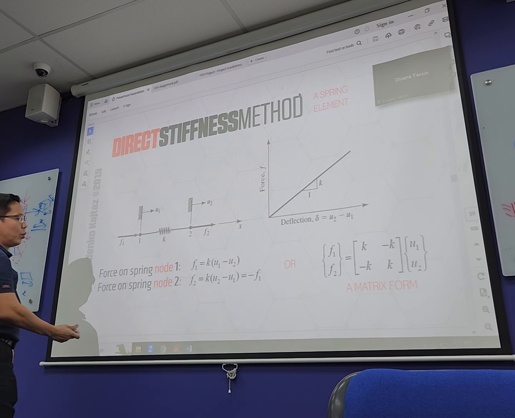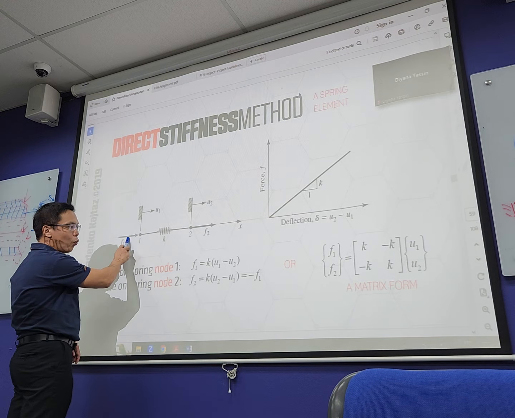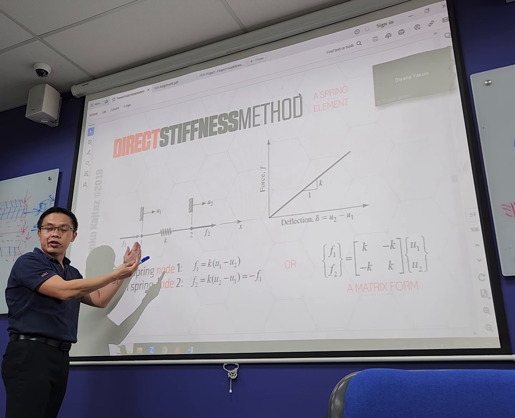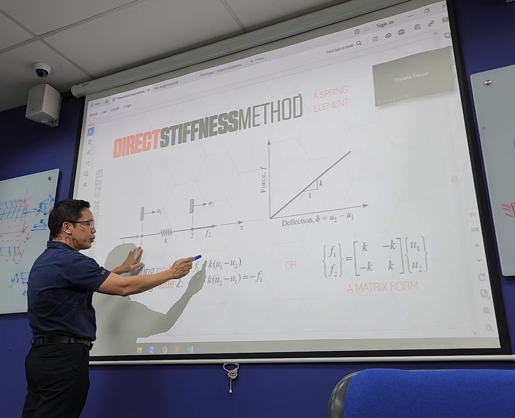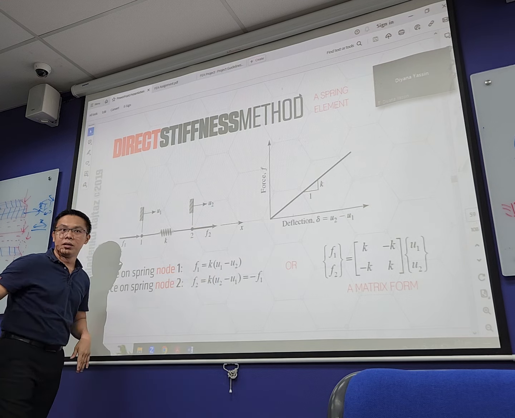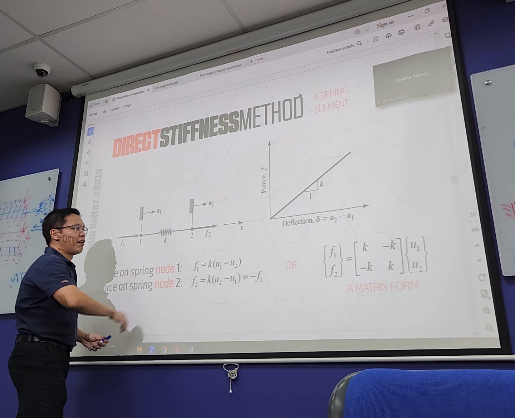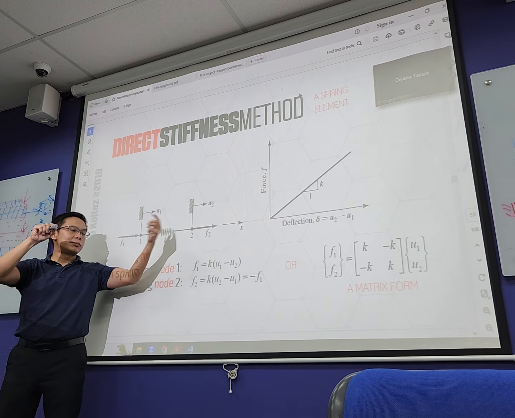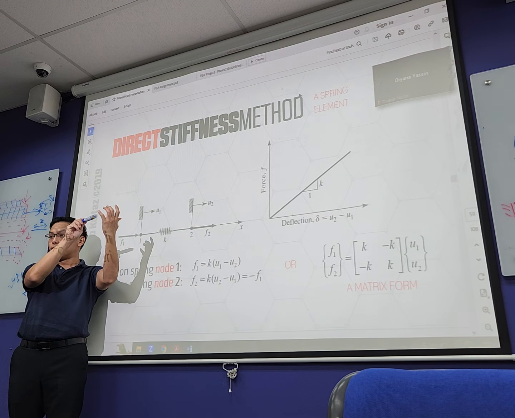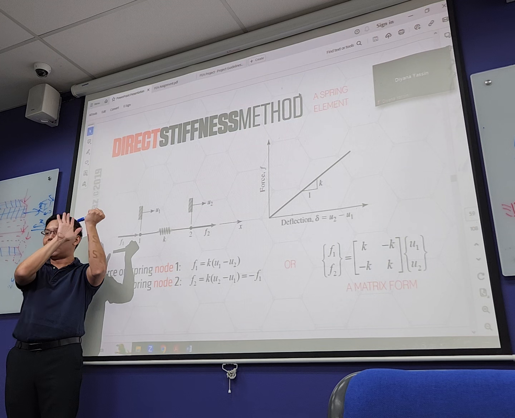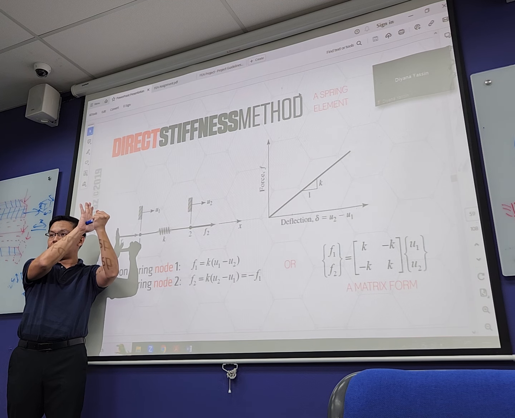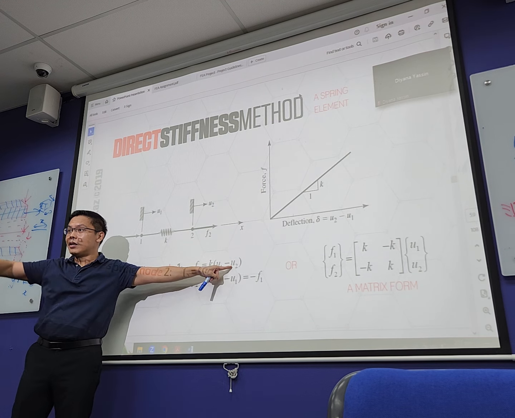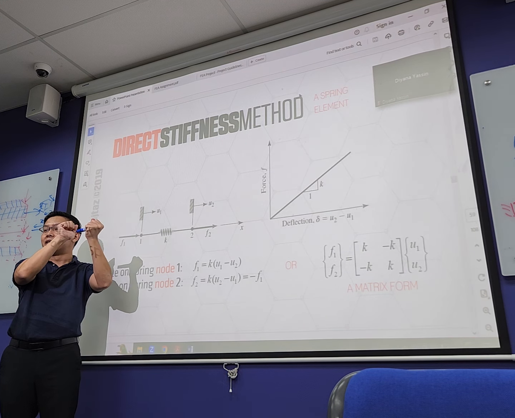So imagine if I wanted to know what is the force at this first node, node 1. It will be K multiplied by (U1 minus U2). If, for example, I have a spring and I restrain one end, this is node 1, this is node 2, and I restrain node 2 and apply a force on node 1, U2 equals 0, and U1 will be the displacement.